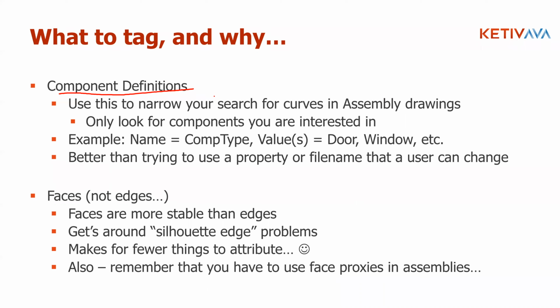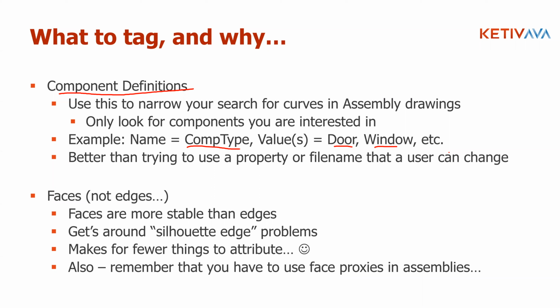Or relying on things that are very unreliable, like file names, which users can change, or even iProperties or parameters, which again, users can change. So by putting an attribute in the component definition, we know what it is. Typically, we'll name it a component type, then we'll have values like doors, windows, nozzles, fans, cylinders, things like that.